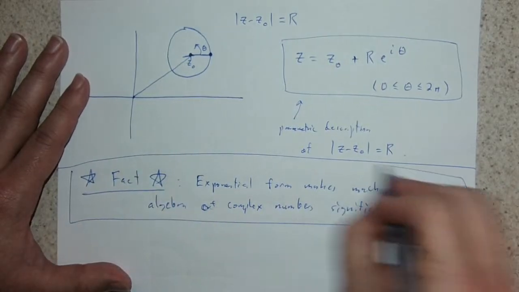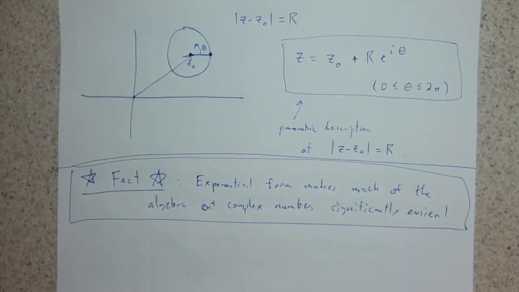So writing them in this way makes a lot of the computations and basic algebra that you're going to do so much easier to handle than rectangular form. Okay, so that's really the major benefit. And you're going to see that immediately.